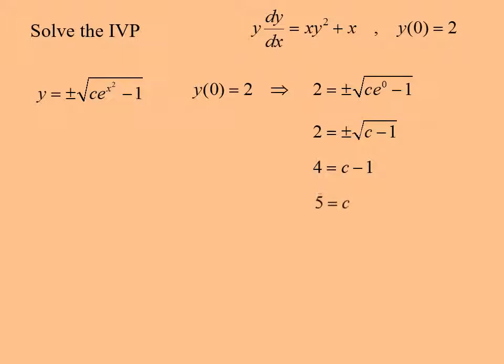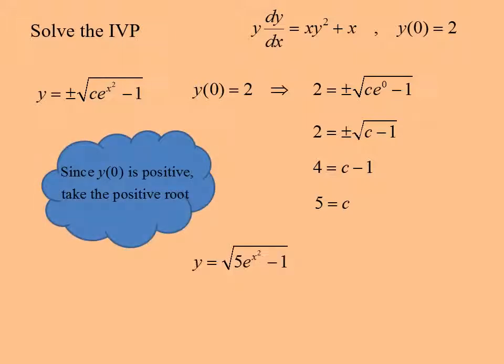Add 1, and we get c equals 5, regardless of the plus or minus. And so we know that the c is a 5, and for our initial value, you notice we have a positive y. So where the solution came out to be maybe plus or maybe minus, we know for our value it has to be the plus.